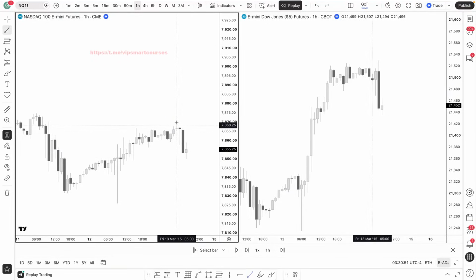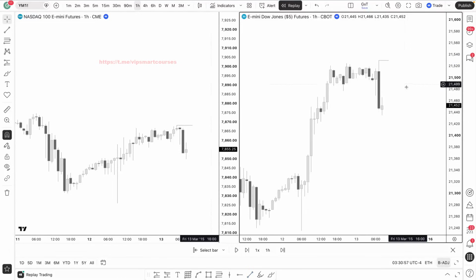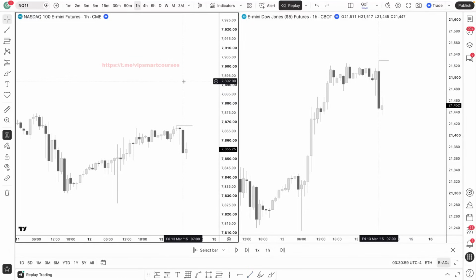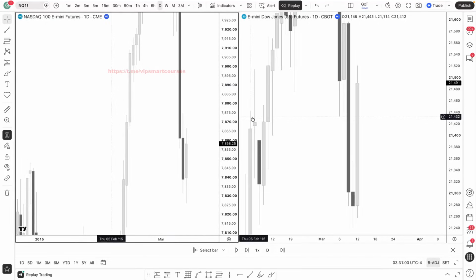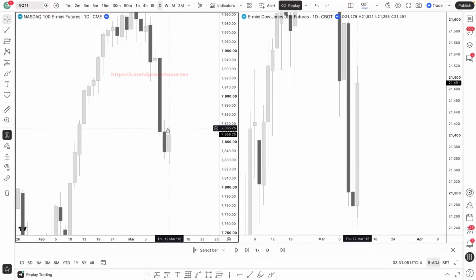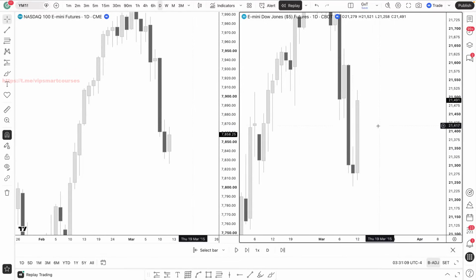So here you can see we put in a high here, we put in a high over here, as you guys can see, have this high here. But what's important to note is on NQ here, we have an SMT fill. So you guys see that SMT fill? Technically, we have SMT fill.